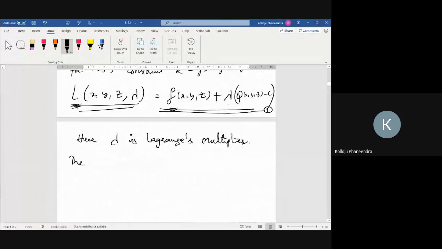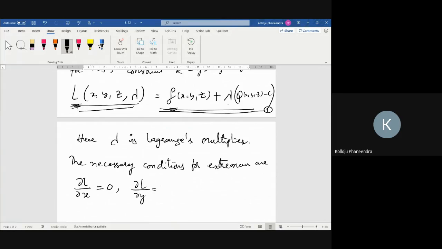The necessary conditions for extremum, meaning for maximum or minimum, are the partial derivatives of L with respect to the unknowns. What are the unknowns? x, y, z, and lambda is also there.